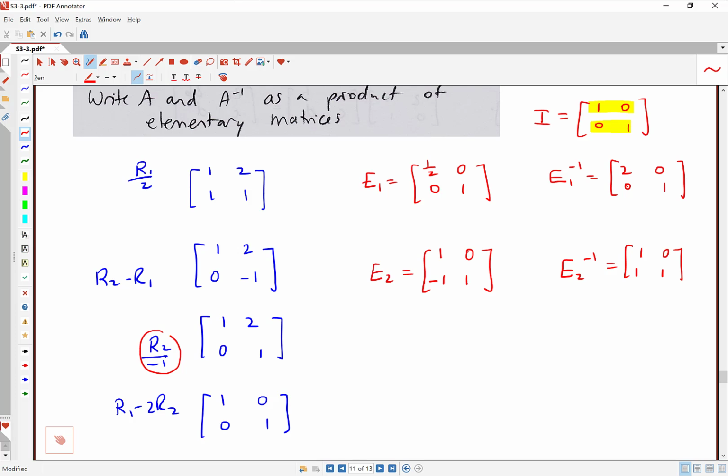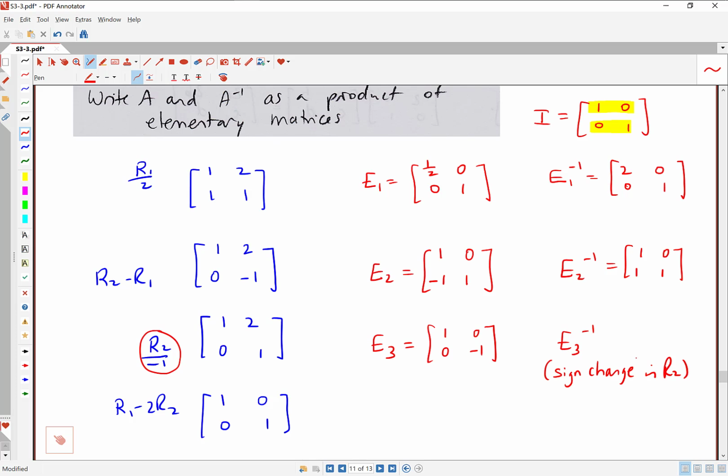Next row operation, row 2 over -1. In other words, that's just a sign change in the bottom row. So we'll call our matrix E3, and the inverse of that will be E3 inverse. All right, so start with the identity matrix, do a sign change in the bottom row. That would look like that. And to undo that, we would have to do another sign change in row 2.